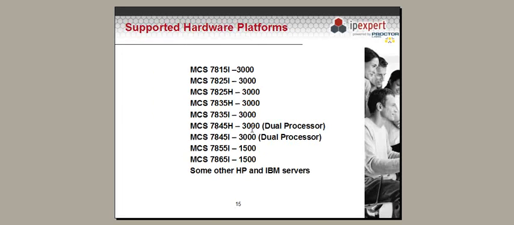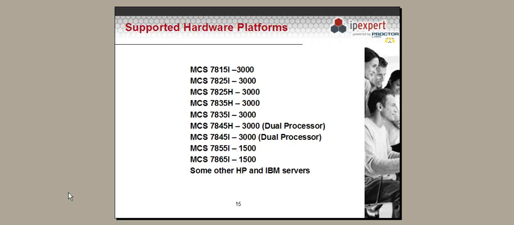We're going to mainly concentrate on the 7835 and MCS 7845. The hardware platforms Call Manager runs on are called the MCS servers. Because voice networks should maintain an uptime of 99.999%, the infamous 5 nines, you must install Call Manager on a server that meets Cisco configuration standards.